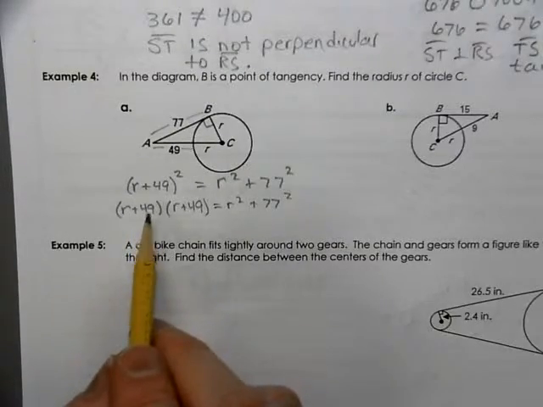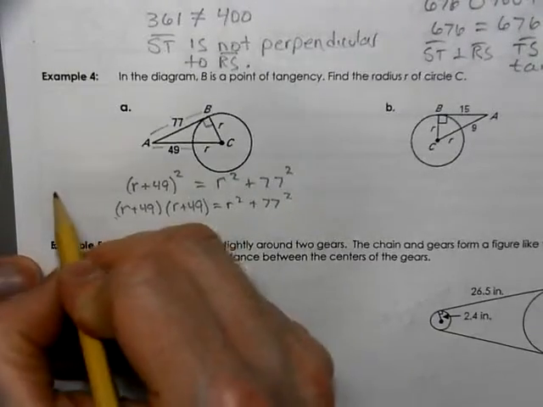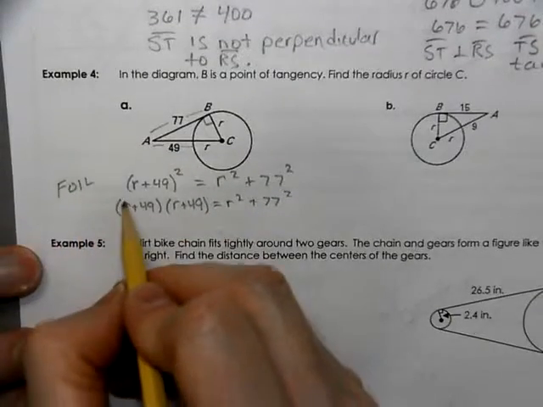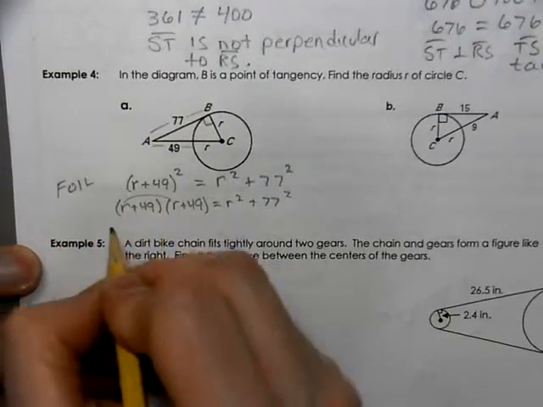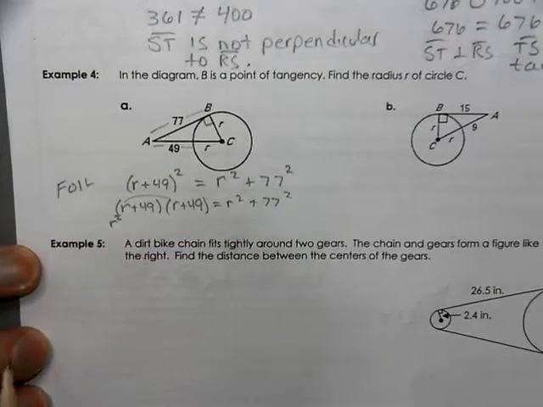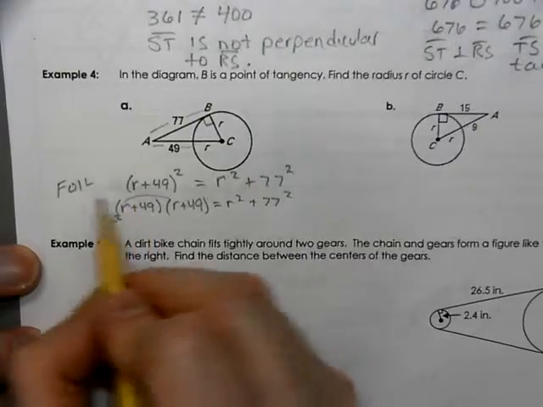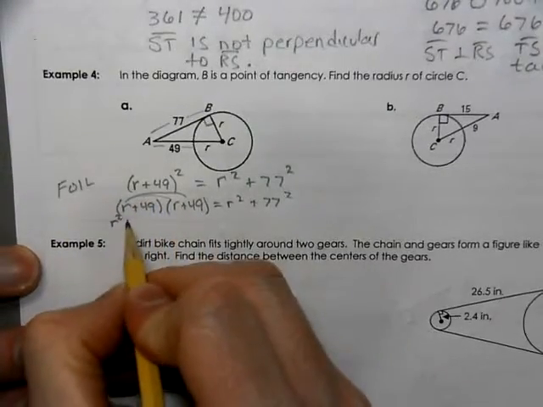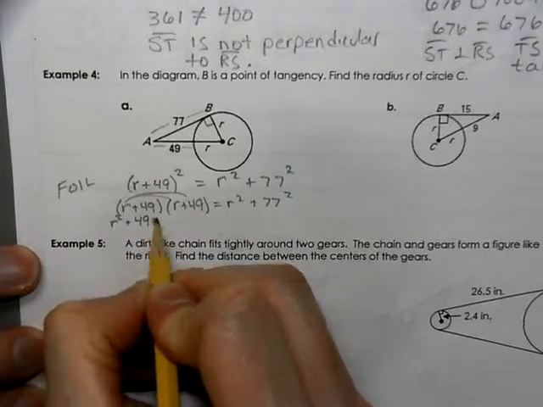Now, when you multiply what's called two binomials, you do something called FOIL, where the F stands for the front. So we multiply the front and get R squared. Then we multiply O, which is outer. We multiply the outside part, which is 49R.